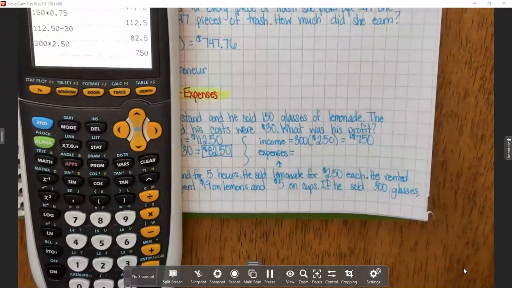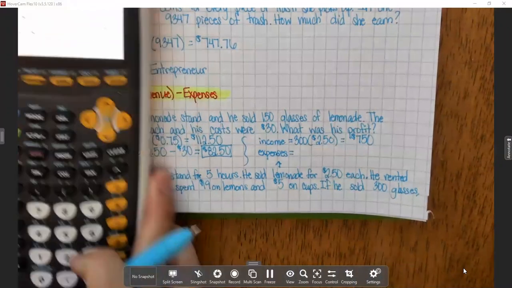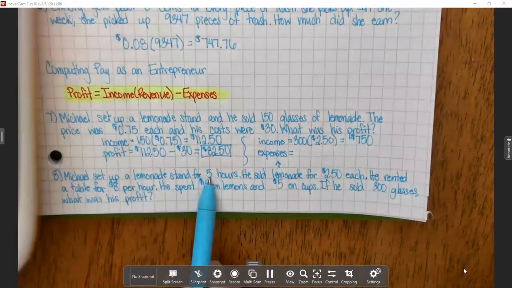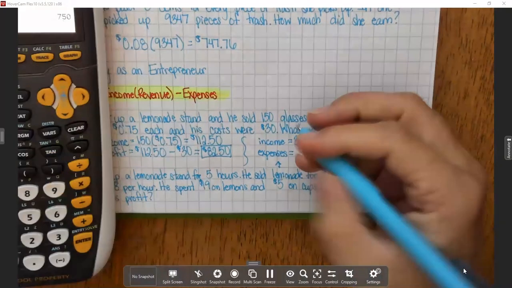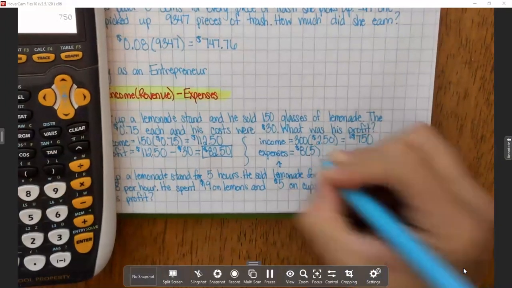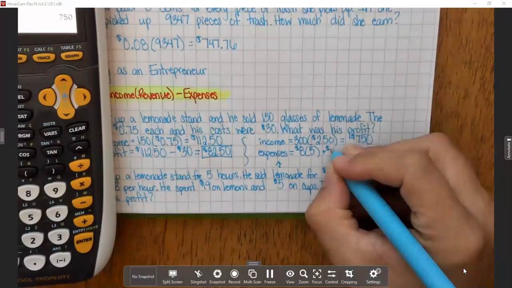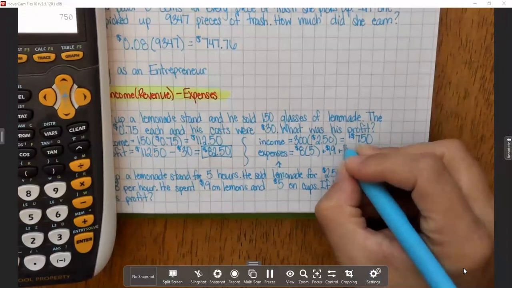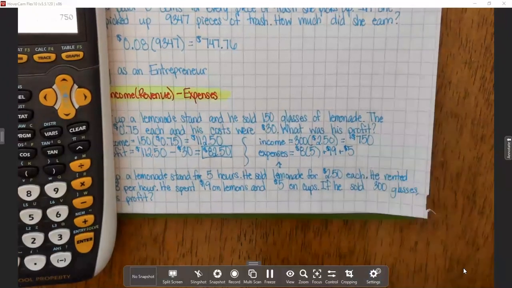His expenses, he had different expenses. He had the table that he had to pay for, the lemons, and the cups. So the table, he had it for 5 hours and it's $8 per hour. So that's going to be $8 times 5 plus the $19 for the lemons plus the $5 for the cups.